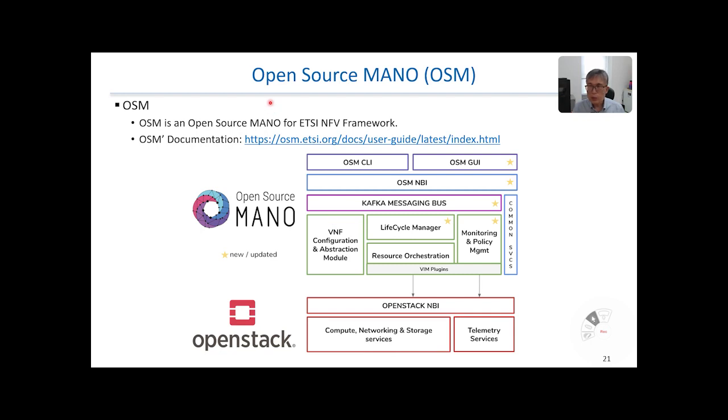The second open source project is Open Source MANO, OSM. OSM is an open source MANO for the ETSI NFV framework. So you can visit the OSM document here. Open Source MANO basically makes the MANO system, using the OpenStack northbound interface, and it governs compute, network, and storage services.